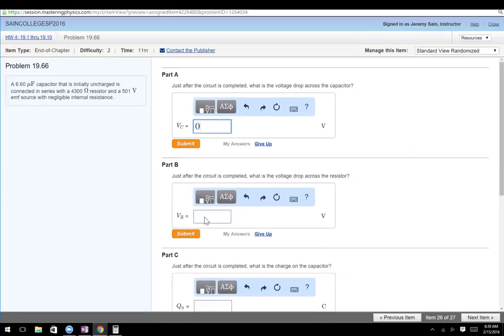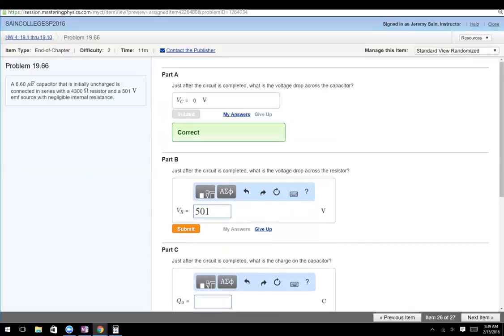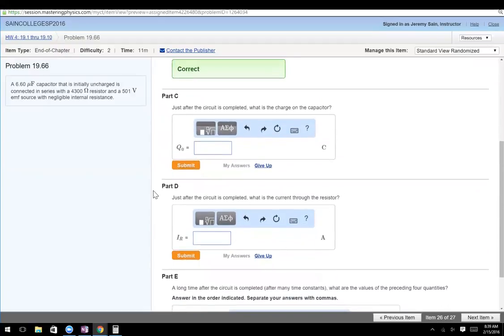Which means the voltage drop across the resistor has to be whatever the voltage of the battery is. So that's 501. Just after the circuit's complete, the charge on the capacitor is 0, because that's the reason the voltage drop is 0.